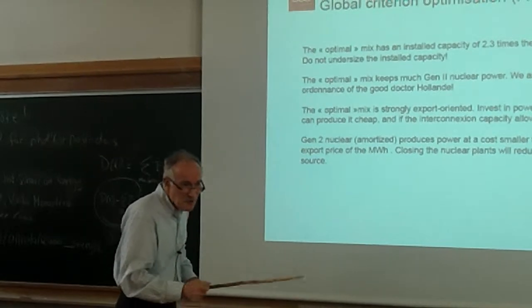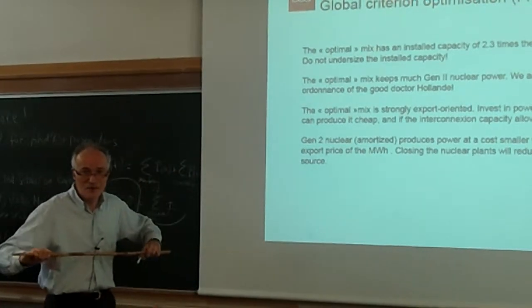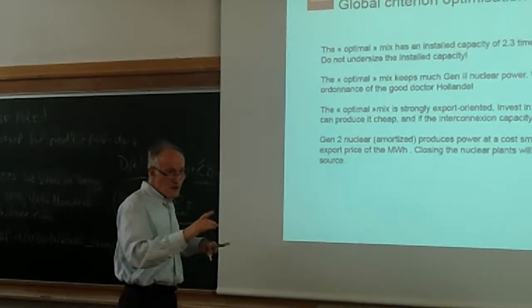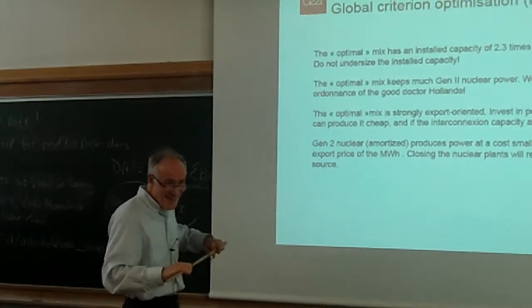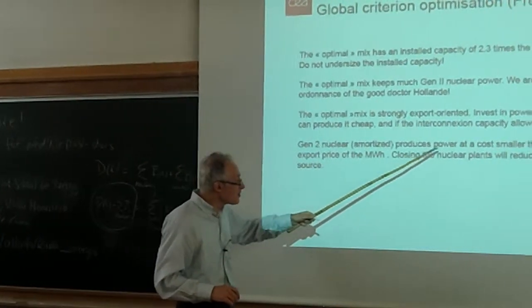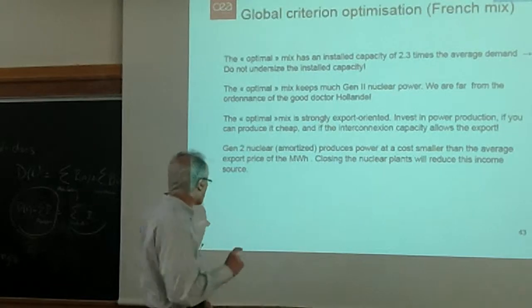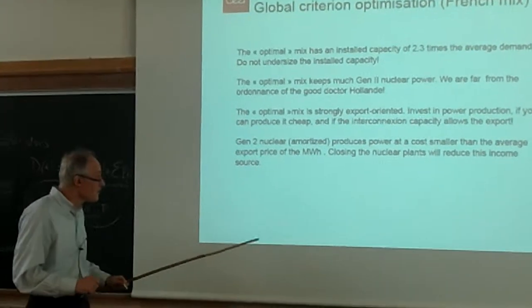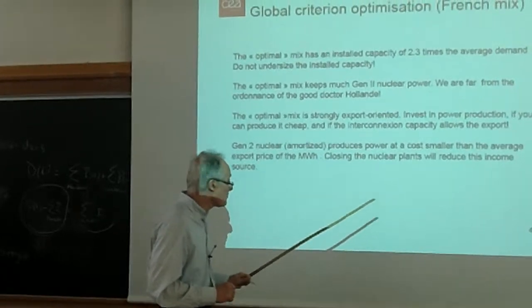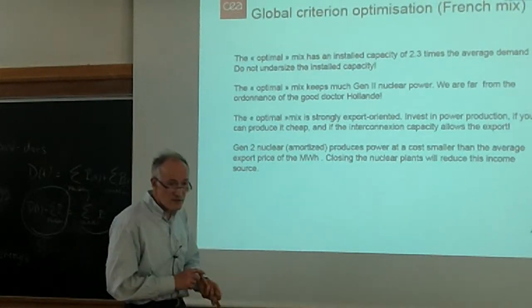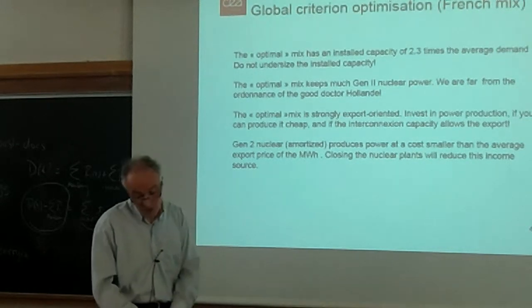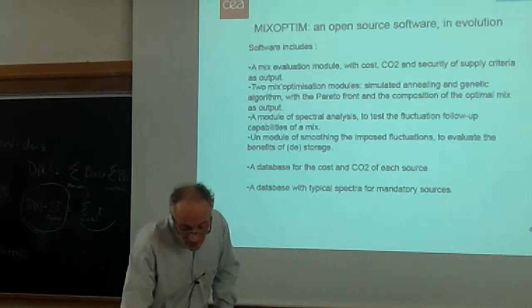We agree with our German friends on this point, probably for different reasons. In fact, Gen 2 nuclear power produces megawatts at a cost smaller than the average export price, and therefore closing the Gen 2 nuclear plants in France would reduce this income source. In an economic crisis context, that would be a pity, probably.